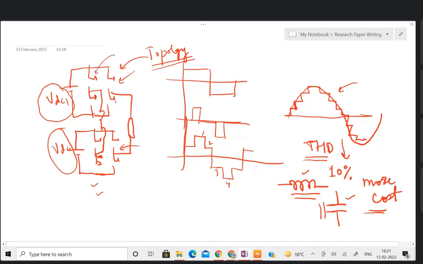If you develop a new topology using fewer DC supplies and fewer switches, that would be considered a better topology, because it would offer a close to sine wave output voltage waveform with better harmonic profile at much lower cost. That is one of the problems.